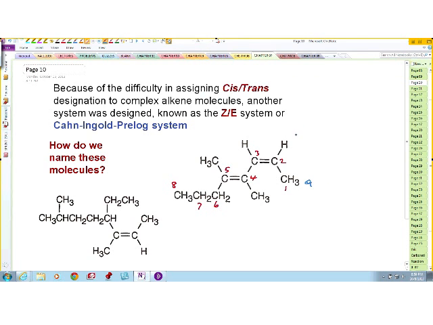This is A, and this is B. Then we come to carbon number 3 and assign priority, right? So this part of the molecule here would be A, and this would be B. So what is the stereochemistry of this carbon-carbon double bond? That is Z. Very good. Then once you do that, you come to this double bond here.